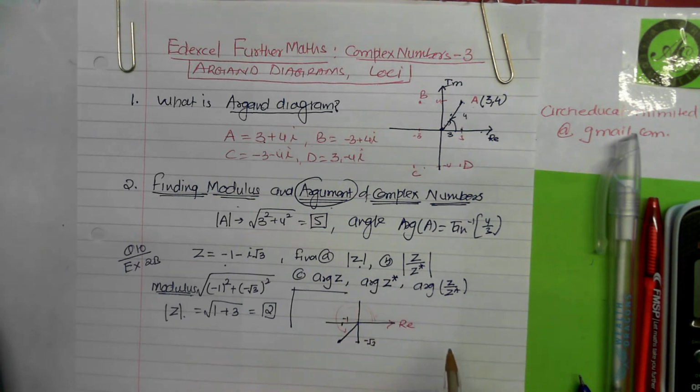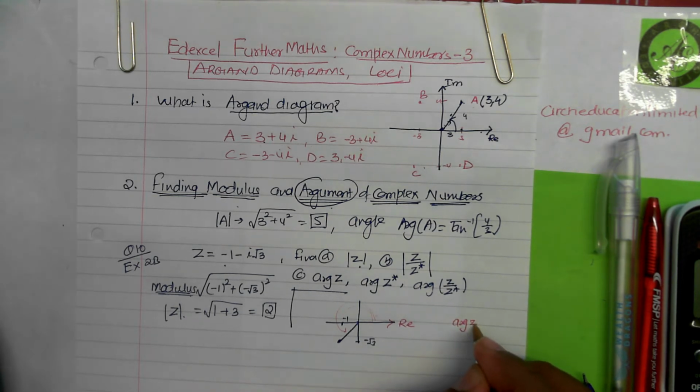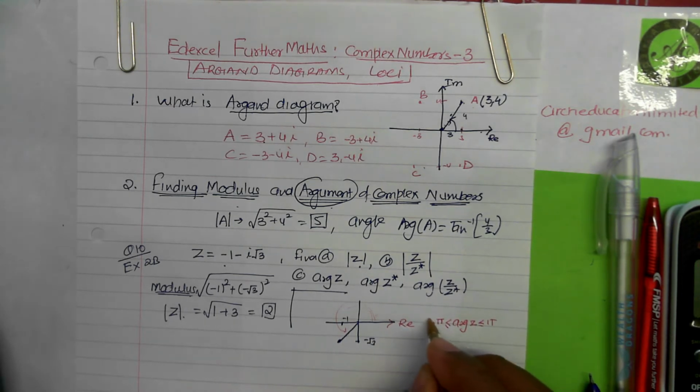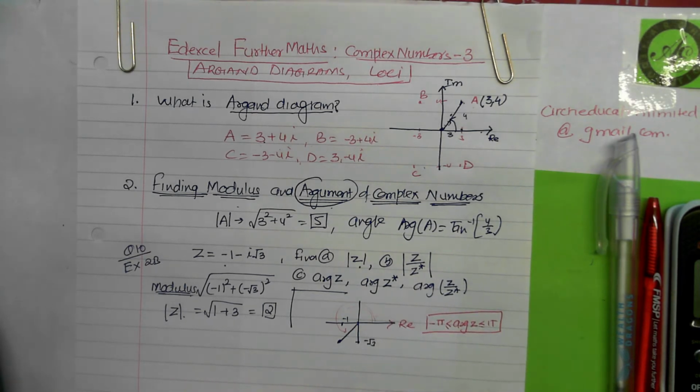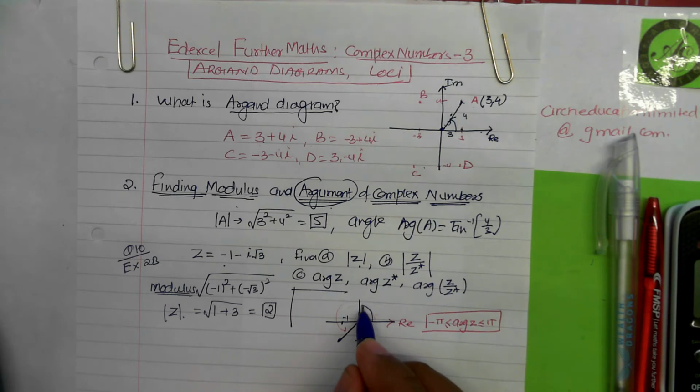But the principal argument of any complex number z is generally between minus pi and pi. That means you're allowed to go in the anti-clockwise direction only up to pi. Then if you don't get the complex number in that form, you're allowed to go from here to here.